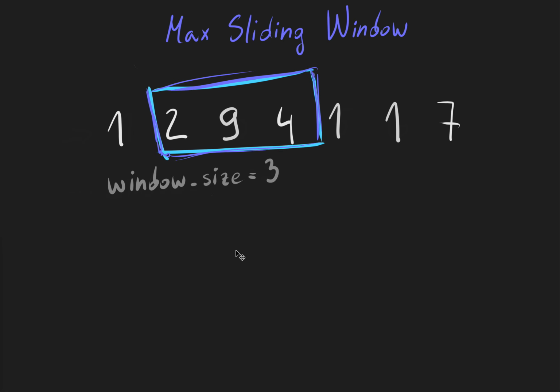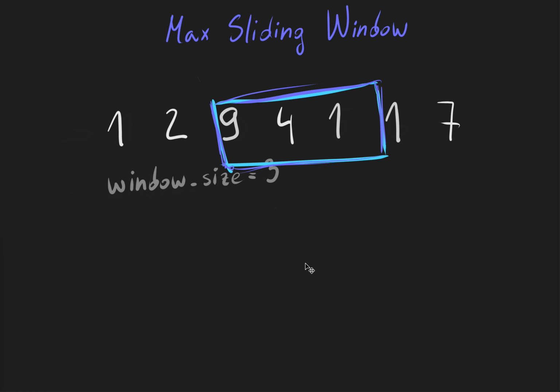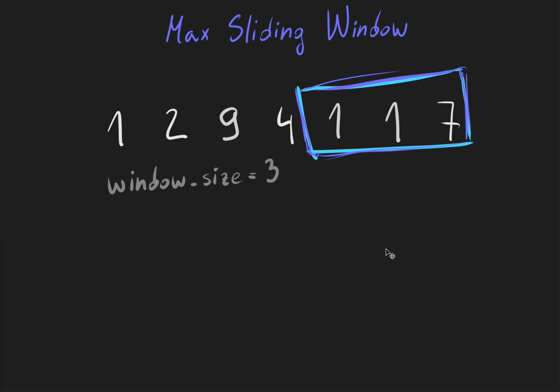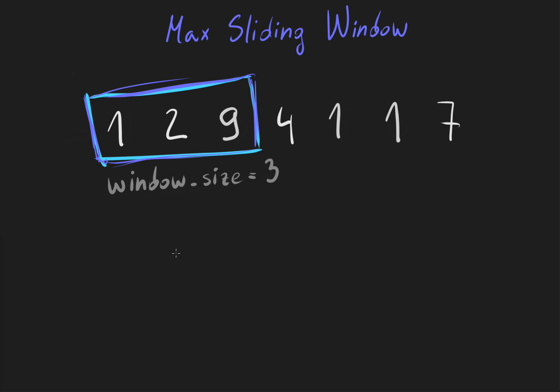The next window is also 9. Now it's changed to 4, and the max value for the final window is 7. You can take a moment and think about how you would solve this, then we can do this together.